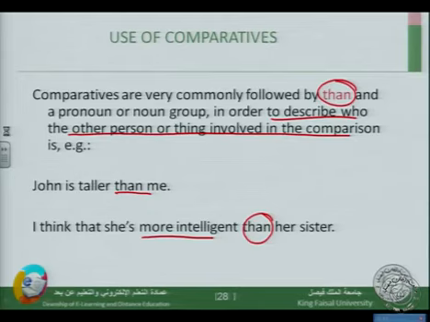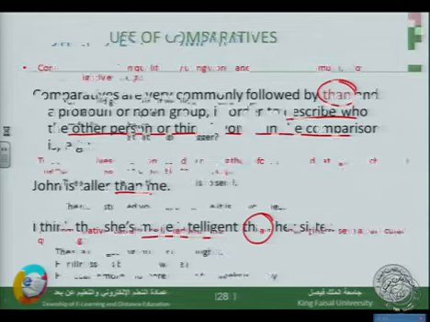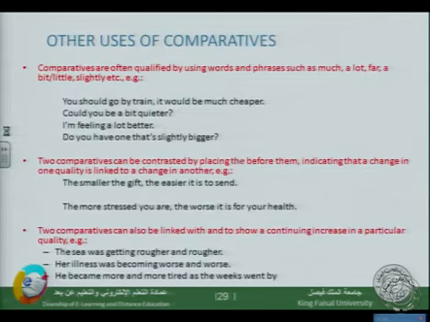John is taller than me. Who is John? The one who is taller than me. So here we are talking about the uses. We can use much, a lot, far, a bit, all of these quantifiers, with the comparatives. For example, you should go by train, it would be much cheaper.